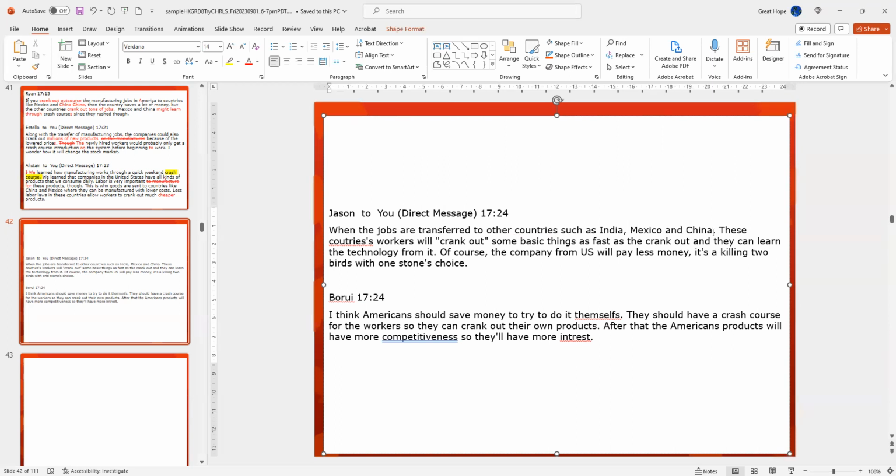So you should make this period into a comma, and say "when jobs are transferred to other countries such as India, Mexico, and China," then you should start with this. All right. "These countries," not "countries'." Always remember, these countries' workers.